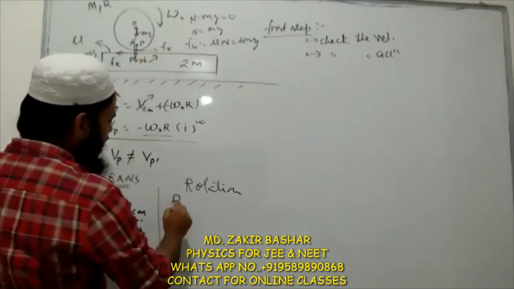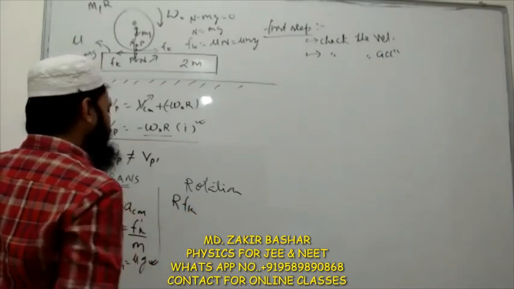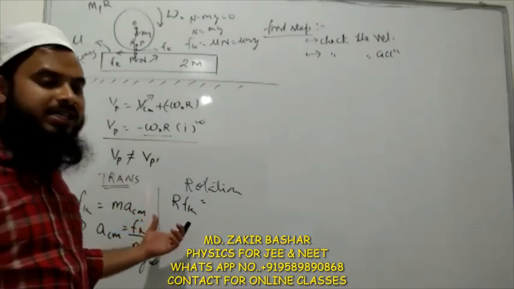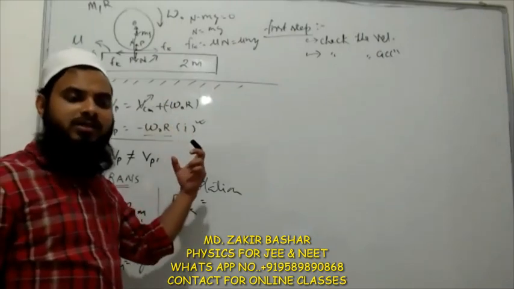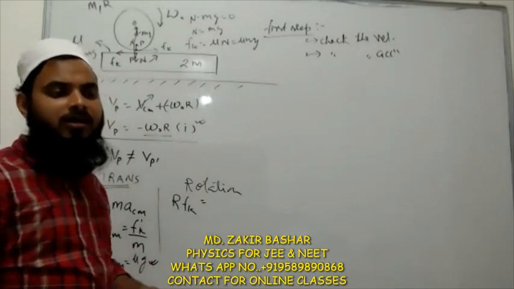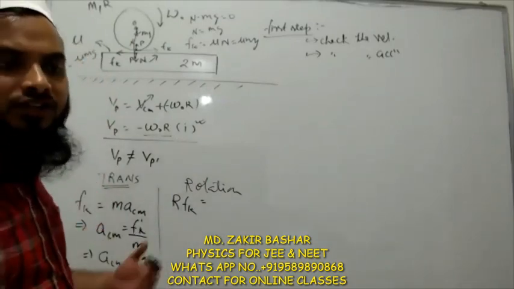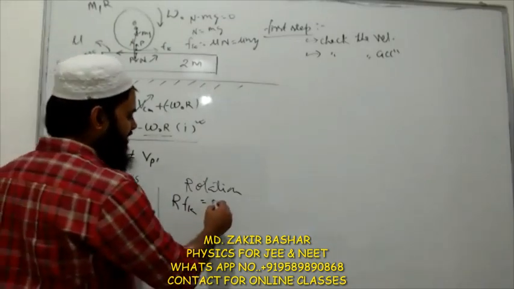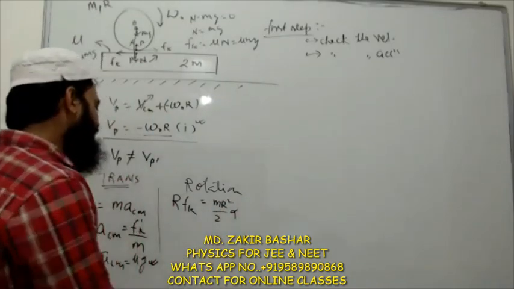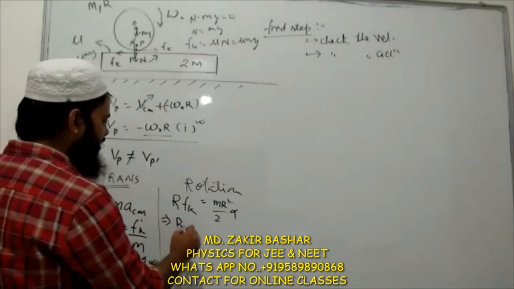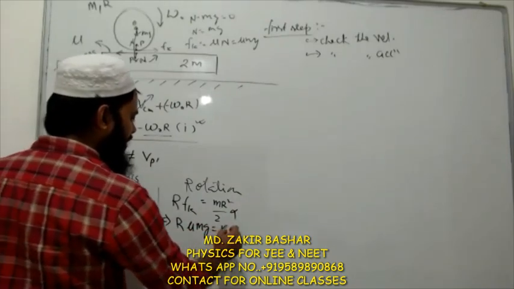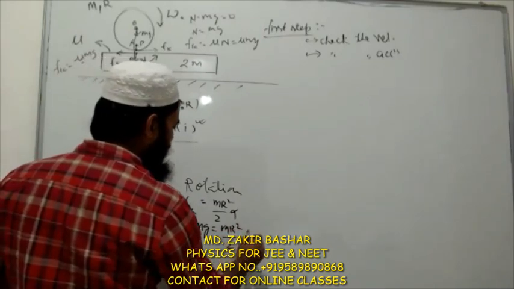So R cross Fk will be equal to I about the center of mass, that is the moment of inertia, m r squared by 2, times alpha. Directly I am writing r times F, where Fk equals mu m g. This equals m r squared by 2 times alpha.